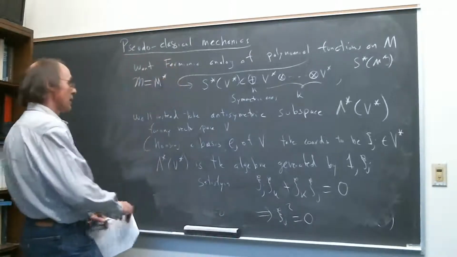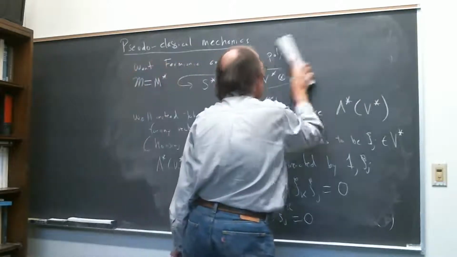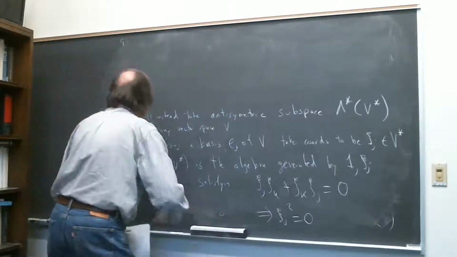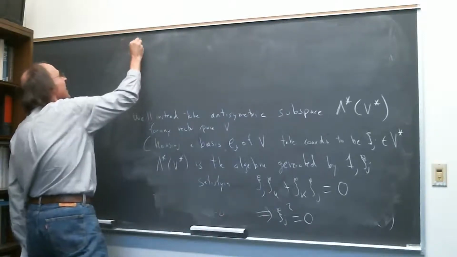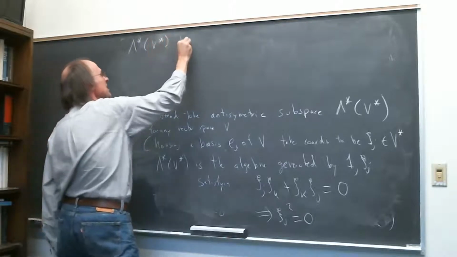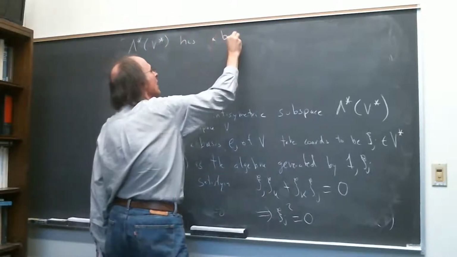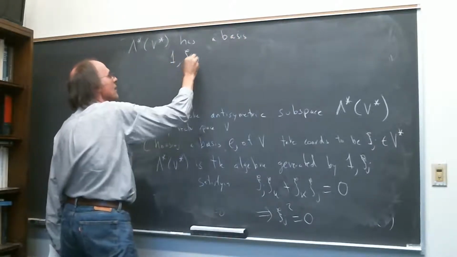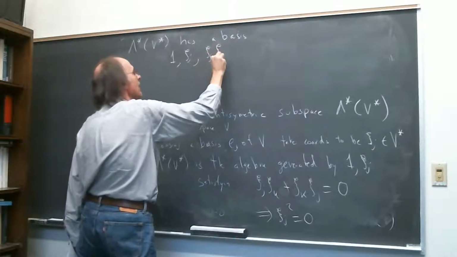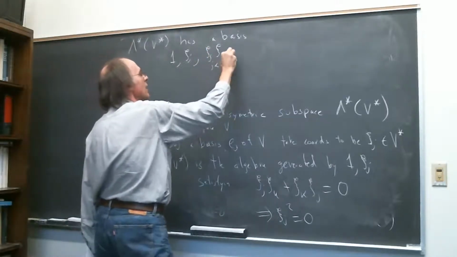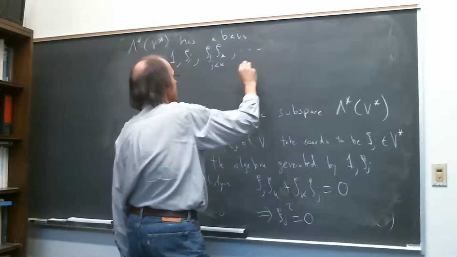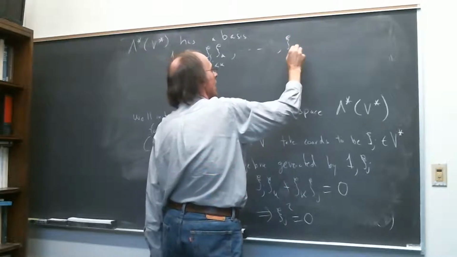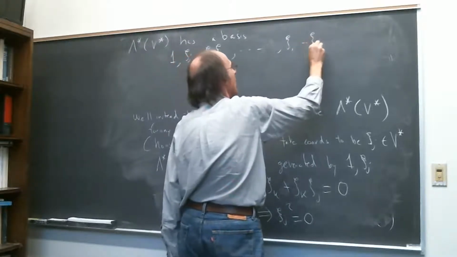And so more explicitly, this has a basis: 1, a_j, a_j a_k with j less than k, and so on, up to a_1 multiplied all the way up to a_n.